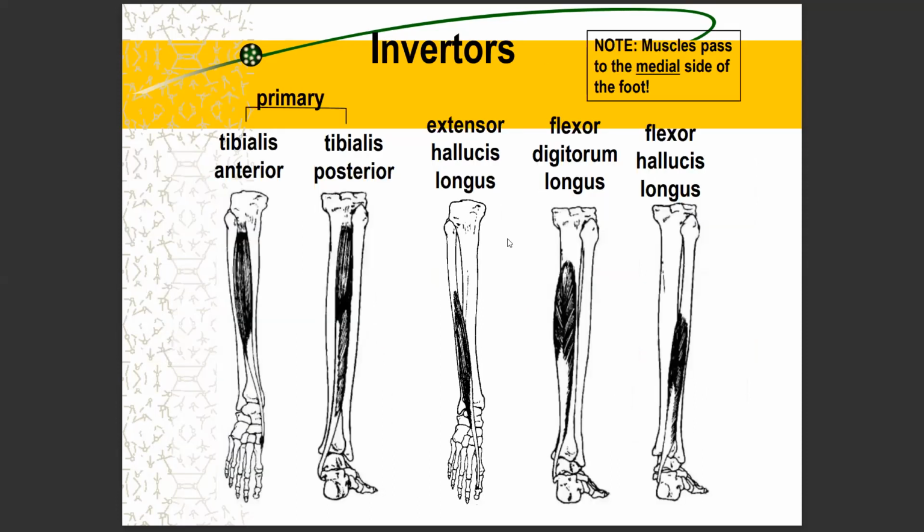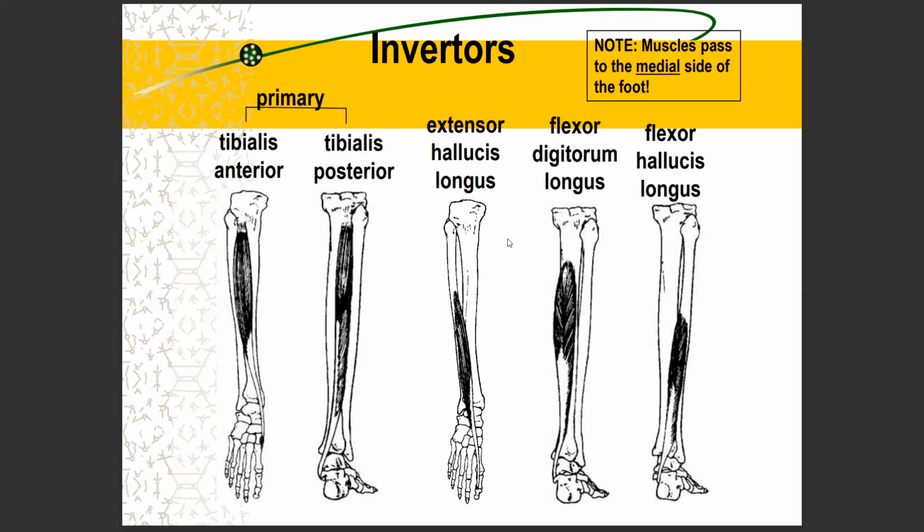Then the inverters, there are primary inverters and secondary inverters. All these muscles pass to the medial side of the foot because they cause inversion of the foot. The primary inverters are the tibialis anterior and the tibialis posterior.